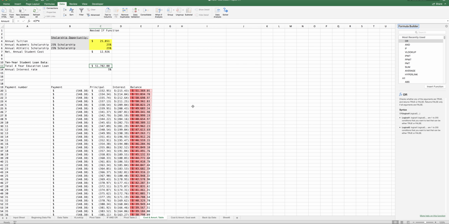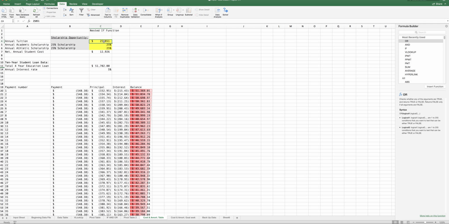And so after narrowing it down to those two schools, I built an amortization table to help determine the cost of the program, considering a 10-year student loan. The spreadsheet already calculates it based on the athletic criteria, the answer to the question that he's available for 25% scholarships in both academic and athletic.